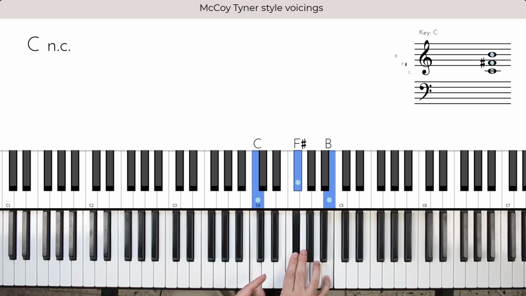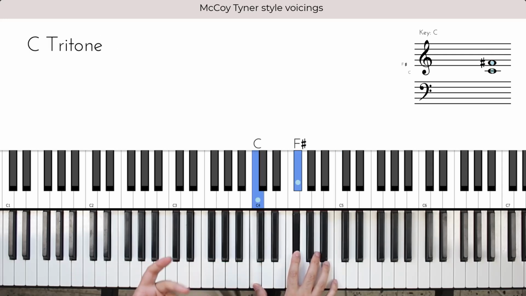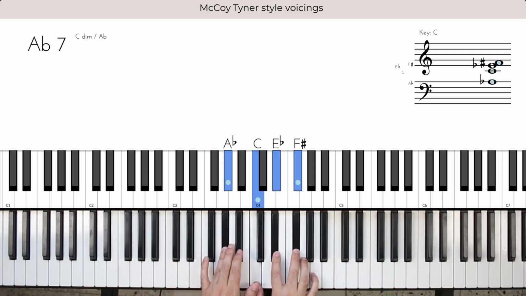If you look at something like this, it has a tritone in it, and anything with a tritone strongly suggests a dominant 7th chord. In this case, this could be either a D7 of some sort, a D dominant chord, or this could be an A flat dominant 7th chord of some sort.